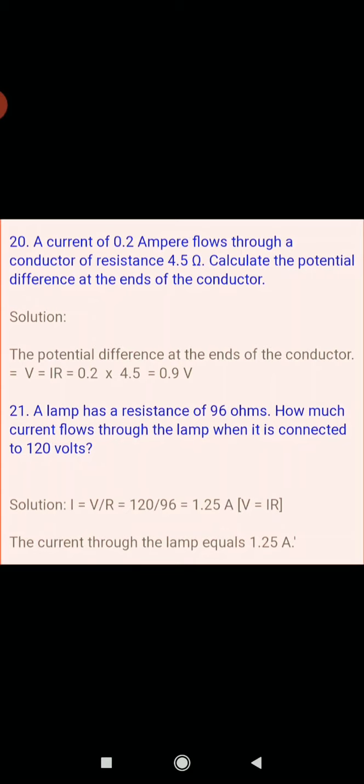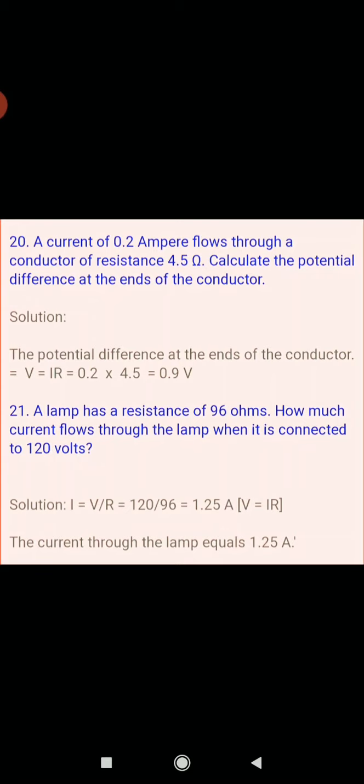It is given V and R is given. So what's the relation connecting current I, potential difference V and resistance R? Based on Ohm's law, we know that I is equal to V by R. Substituting value, V is 120.